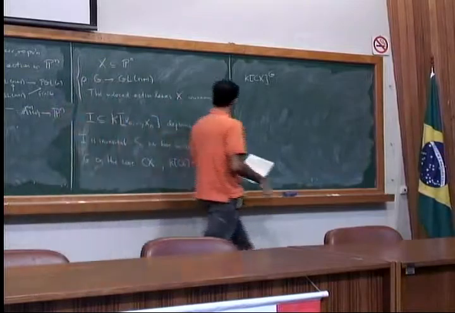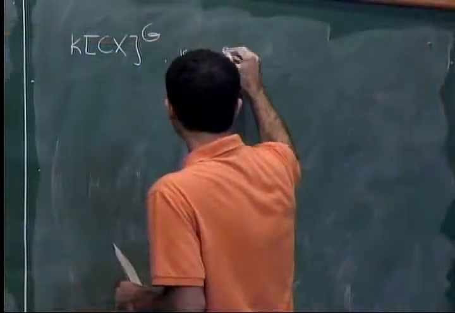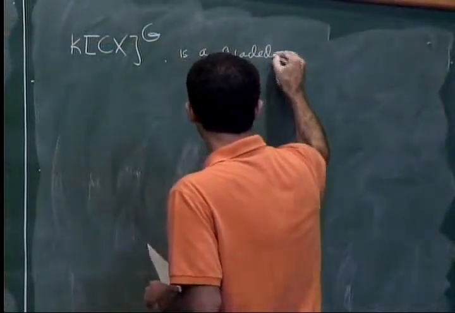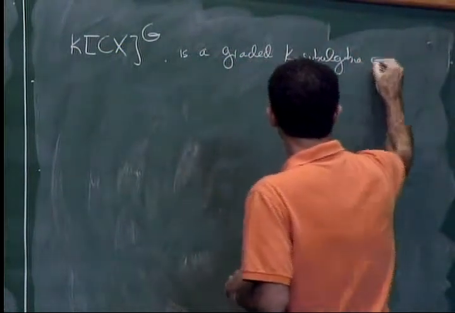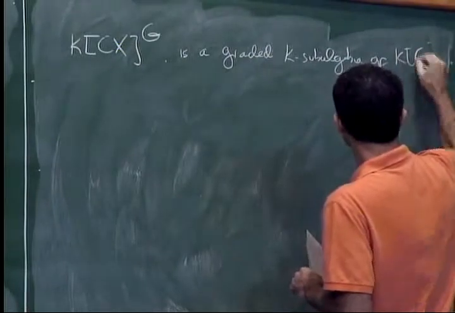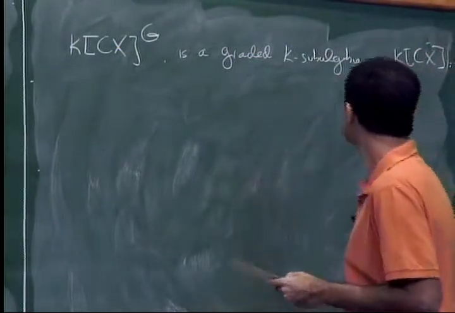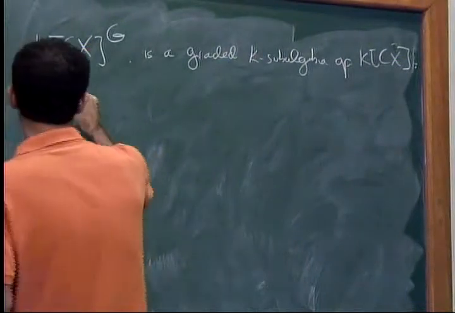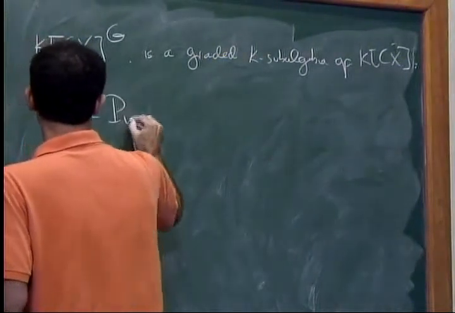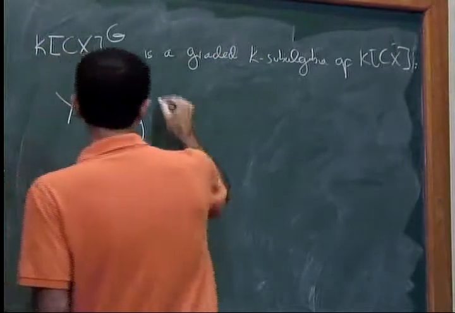And so this is a graded K-subalgebra of C of X. And since it's graded, we can consider its Proj. So the associated projective variety.